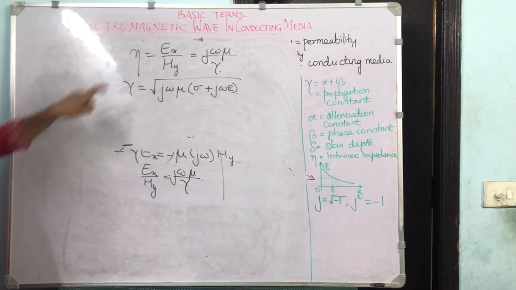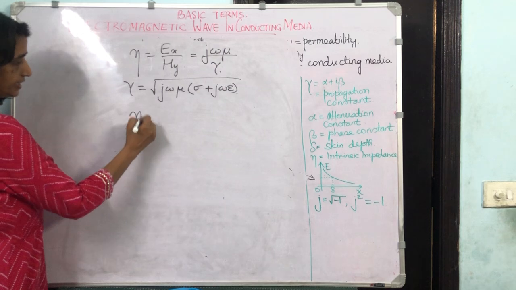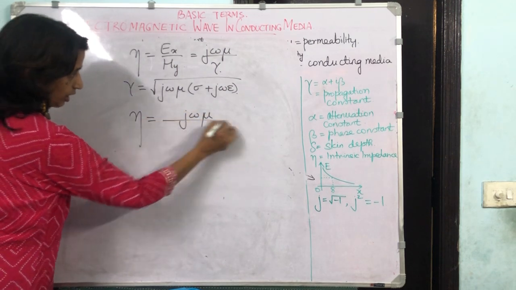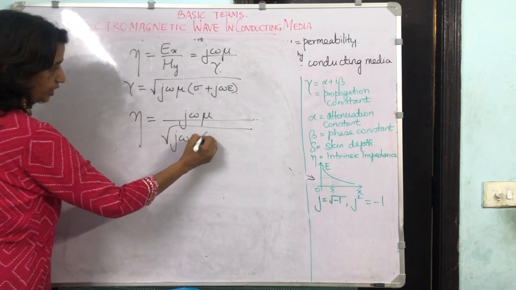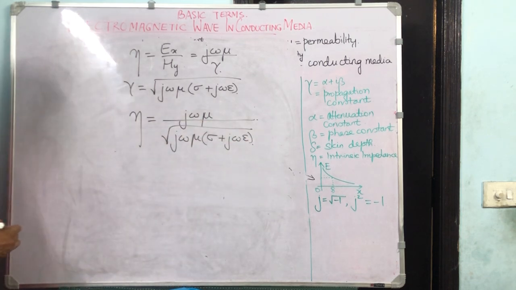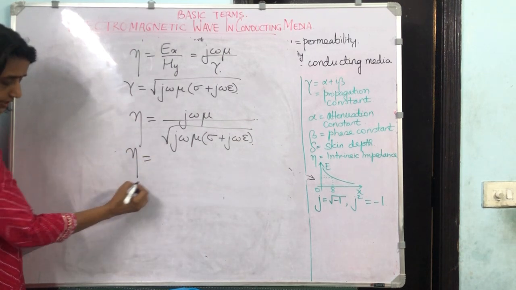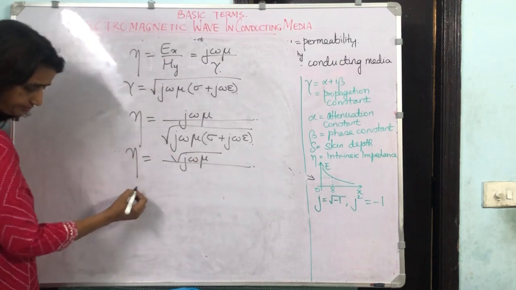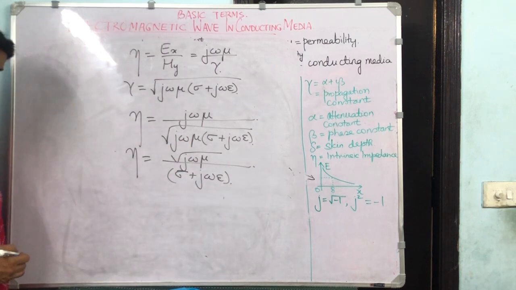We will put this value here and we get eta is equal to j omega mu upon under root j omega mu into sigma plus j omega epsilon. Now this comes out as intrinsic impedance equal to under root j omega mu upon sigma plus j omega epsilon.